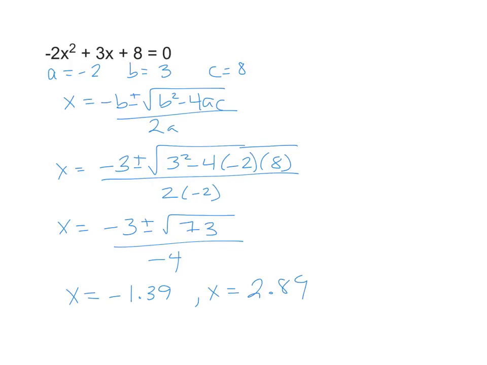Those are the answers rounded to the nearest hundredth. If it asks for exact answers, you could leave it and don't put that final step in your calculator. Just leave it as negative 3 plus or minus root 73 over negative 4. That could be simplified a little bit, but we haven't really talked yet about simplifying radicals, so we're just going to leave it like that.